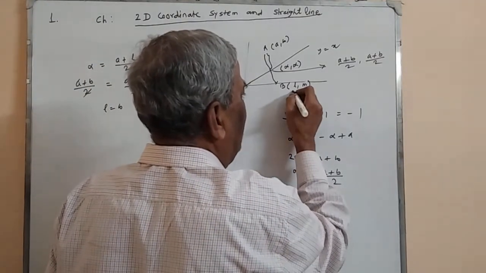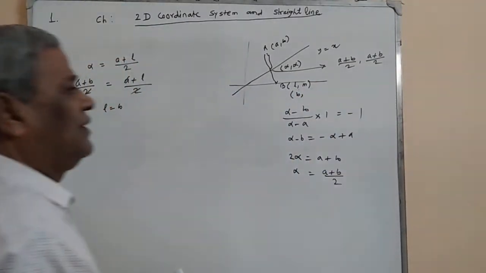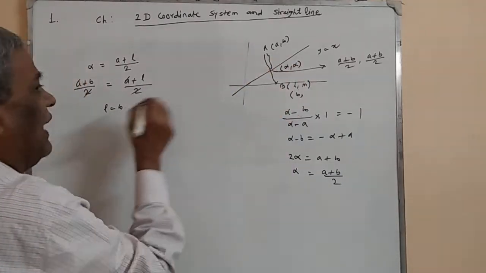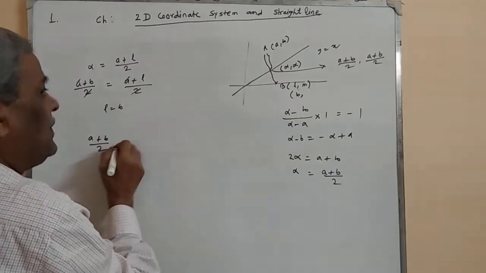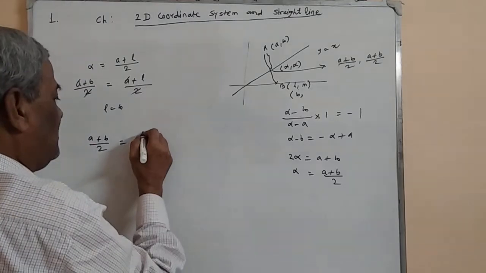Its x coordinate is B. For the y coordinate, the midpoint is again alpha, that is (A plus B) by 2, that will be equal to (B plus M) by 2.